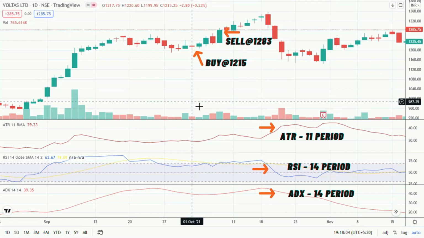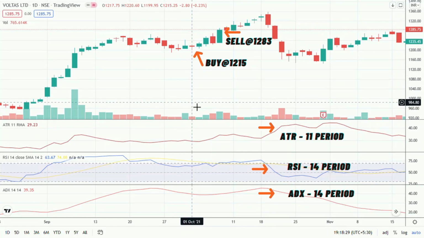Now we're going to compare this value with the value of ATR the day before. So we go back a couple of days to the 29th of September. And on 29th, ATR value was at 29.33. So clearly the current value on the 1st of October is less than the value the day before. So condition 1 is met here.